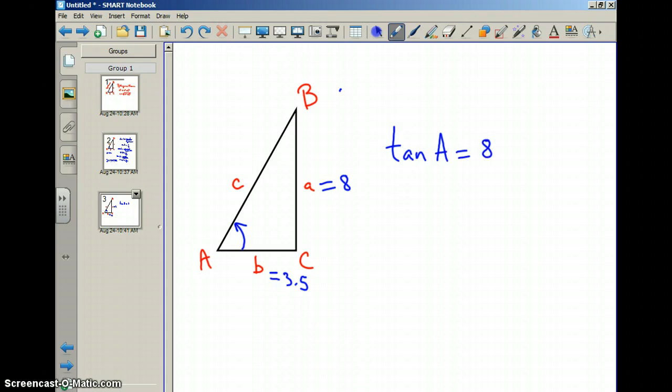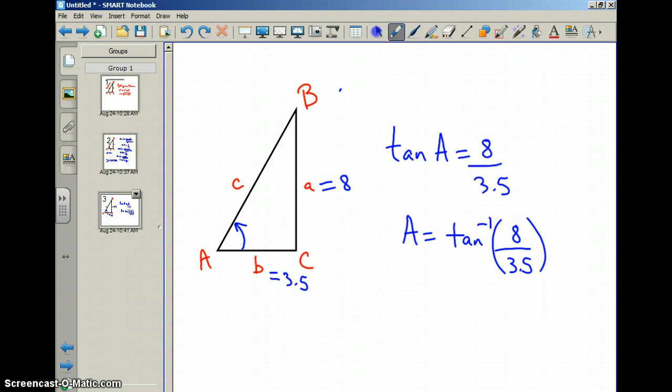Tangent equals opposite over adjacent. So 8 divided by 3.5. Then angle A can be obtained by taking the inverse tangent of both sides. Or angle A is equal to the inverse tangent of 8 divided by 3.5. And of course, 8 divided by 3.5 is just a number.